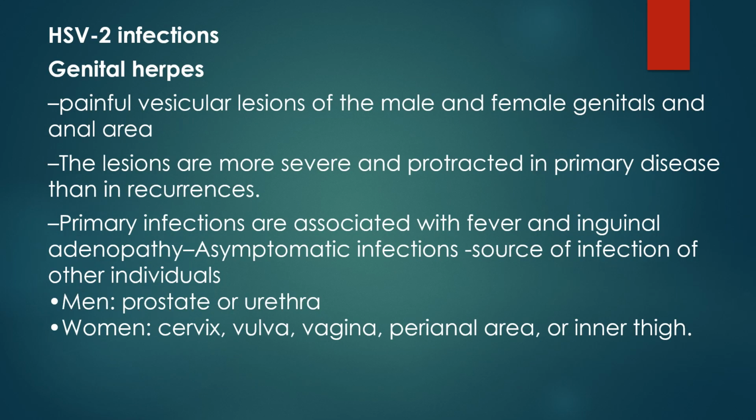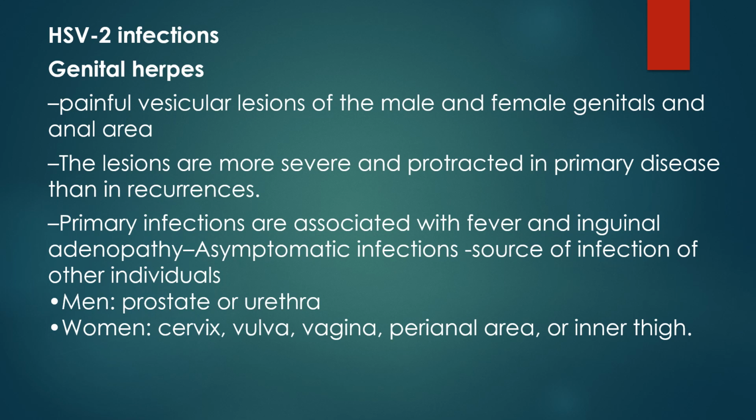In HSV type 2, there are several infections including genital herpes and encephalitis. In genital herpes, there are painful vesicular lesions of the male and female genitals and also in the anal area. The lesions are more severe and protracted in primary disease than in recurrences. Primary infections are associated with fever and inguinal adenopathy, which are frequently accompanied by itching and a mucoid discharge with severe pain.